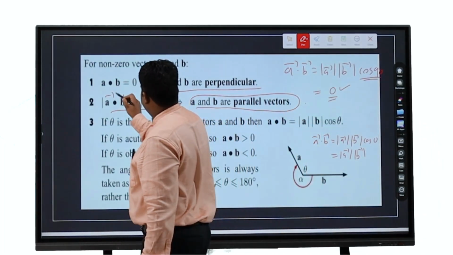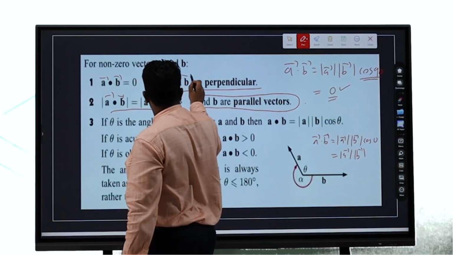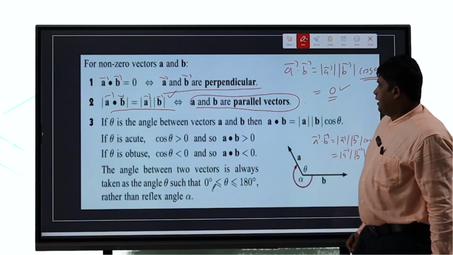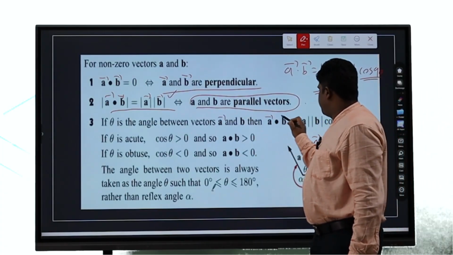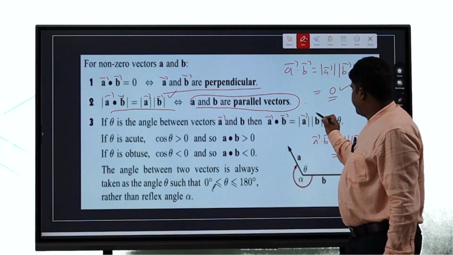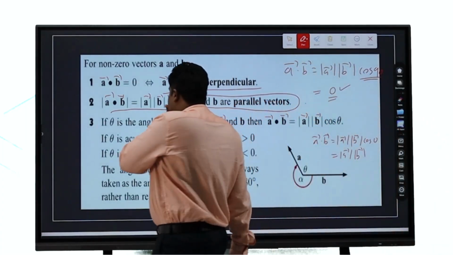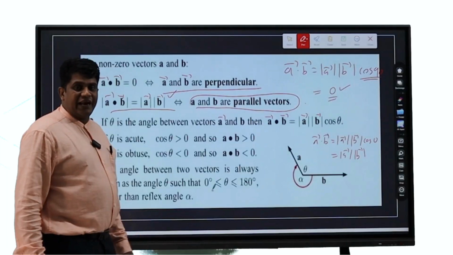These are vectors. If theta is the angle between vectors A and B, then vector A dot B is equal to the magnitude of A into the magnitude of B into cos theta. Similarly, if theta is acute, cos theta is greater than 0. Why?